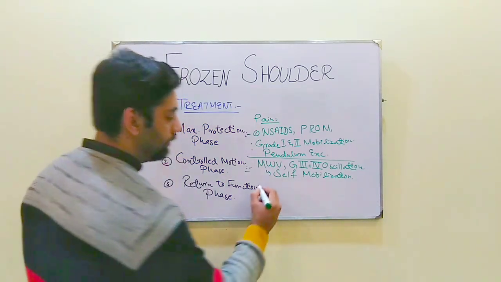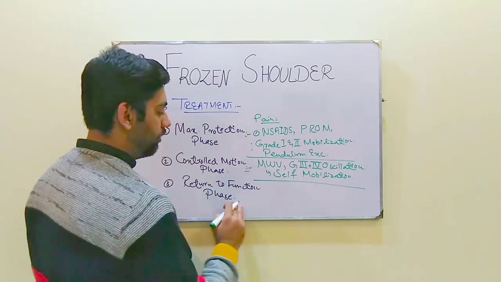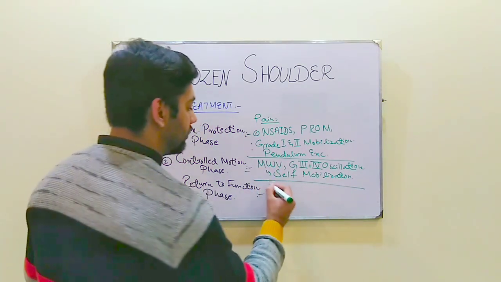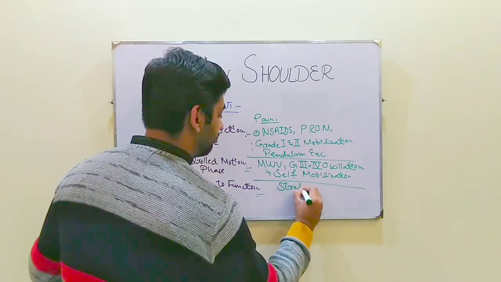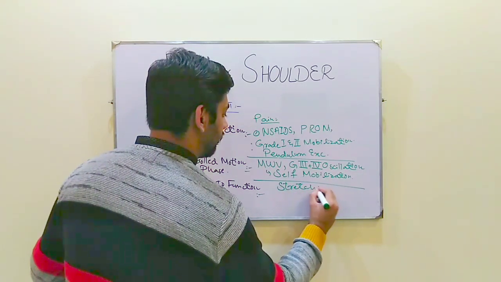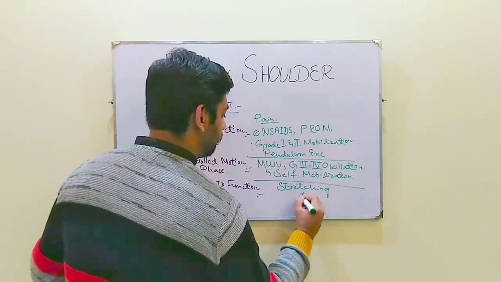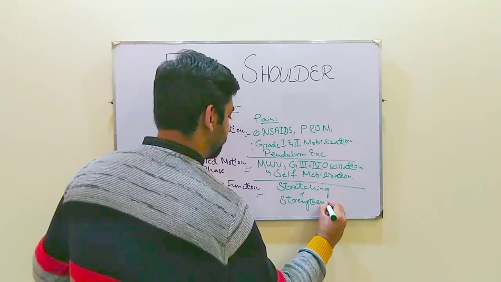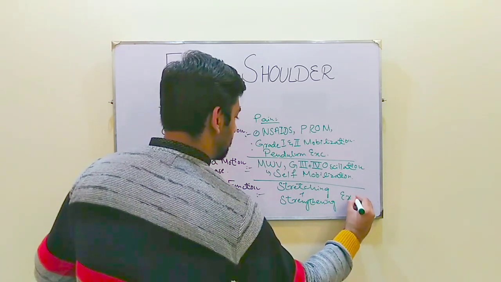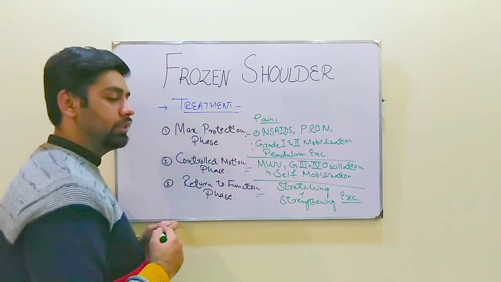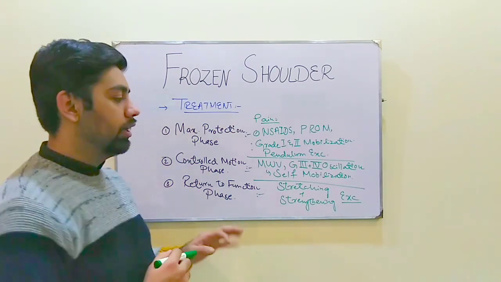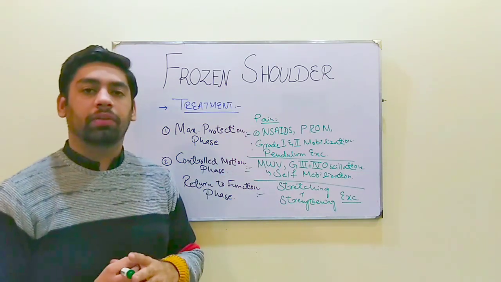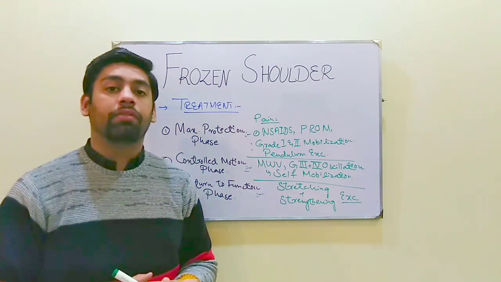So the two main interventions during this phase are the stretching exercises and the strengthening exercises. These were all the treatment options available during the different phases of the frozen shoulder.